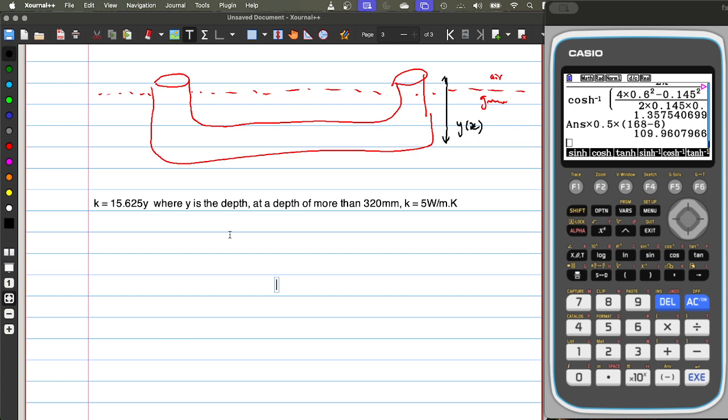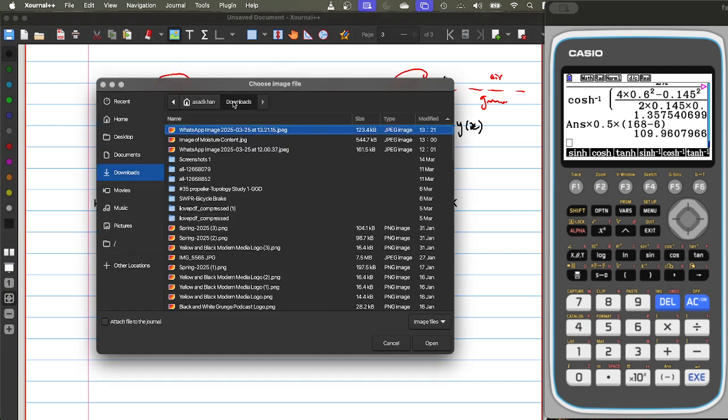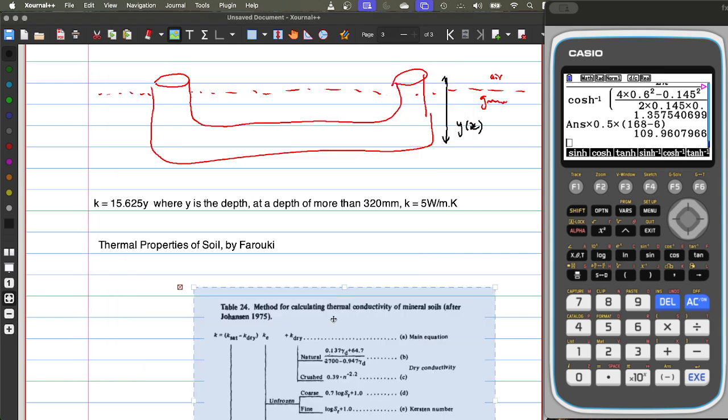They assumed this using a formula from a book, Thermal Properties of Soil by Faruqi. This is what they reference. Now I will show you the figure they use to determine this K value, which we will use to see if we can get a better K value or not.